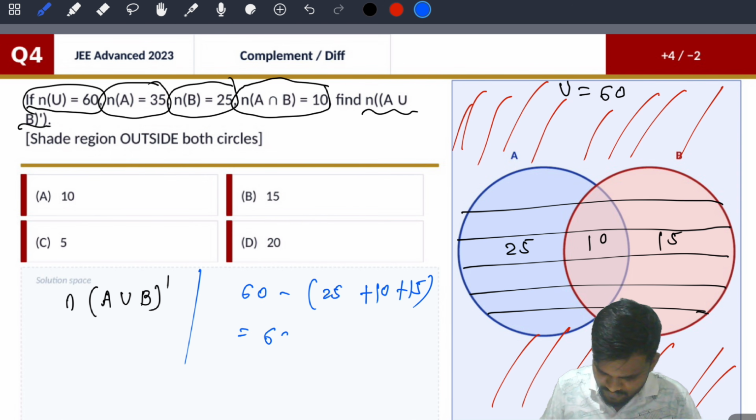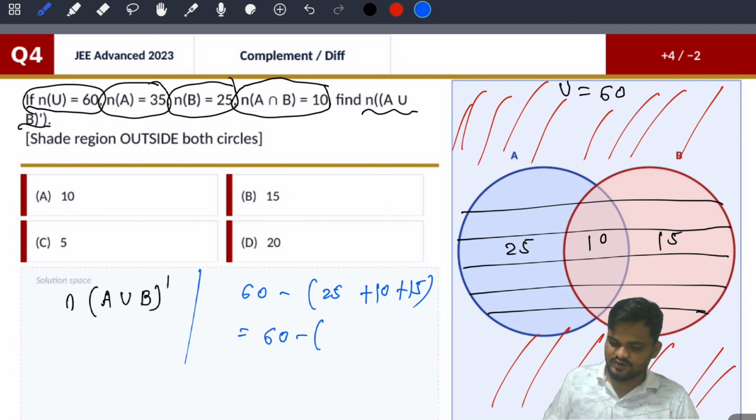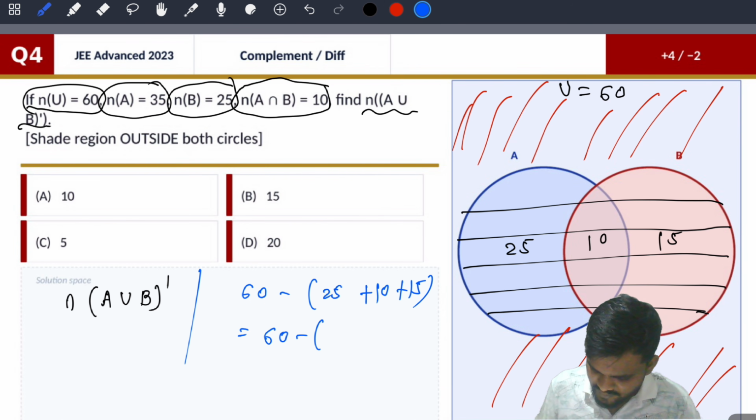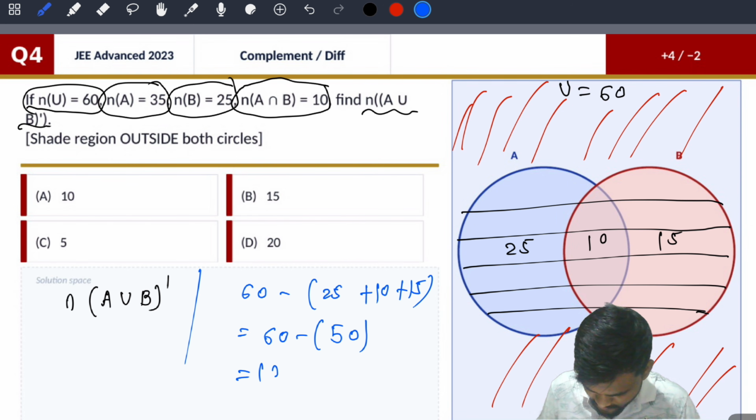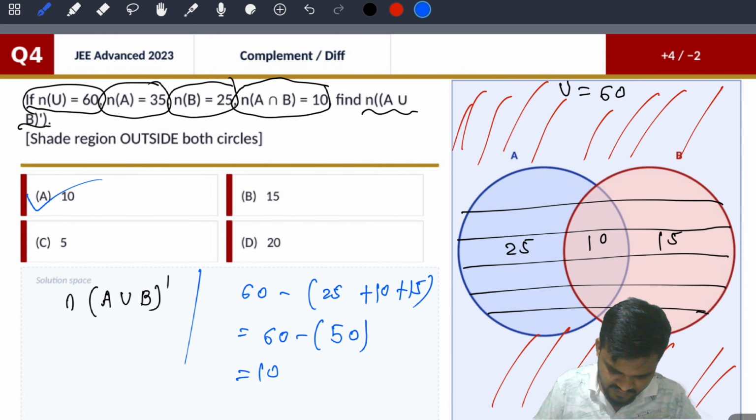So this becomes 60 minus 25 plus 10, 35, 30 plus 10, 45 plus 5, 50. So the answer is 10. So the correct answer is A.